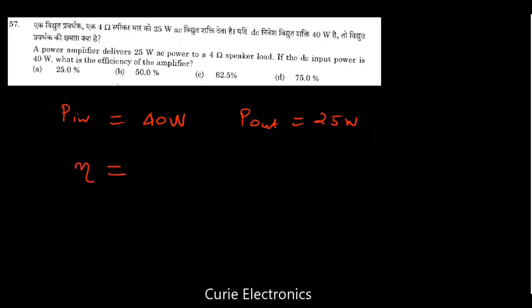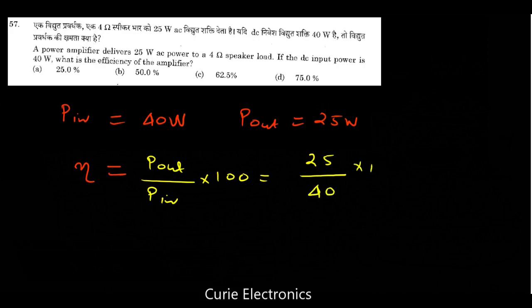So efficiency is equal to what? What is the efficiency equation? P out upon P in multiplied by 100. So what is the P out value? 25. 25 upon what is the P in? 40 watt, multiplied by 100. Now we can cancel. 40, we will try 40.